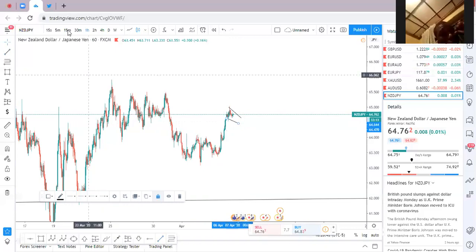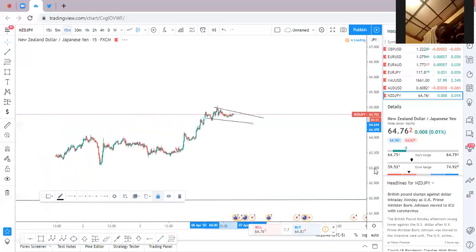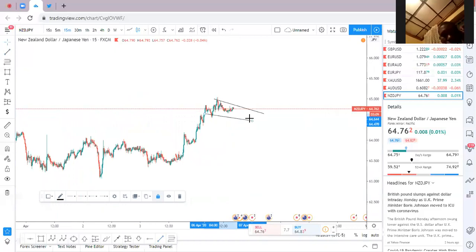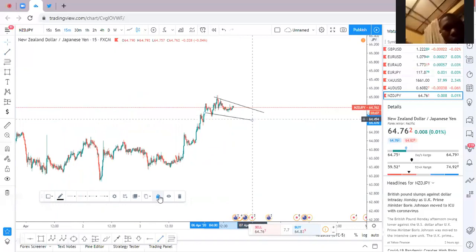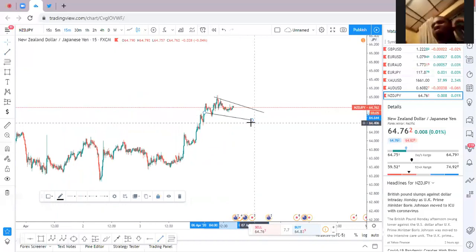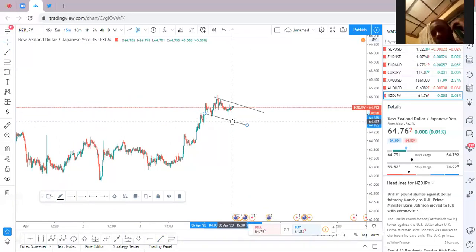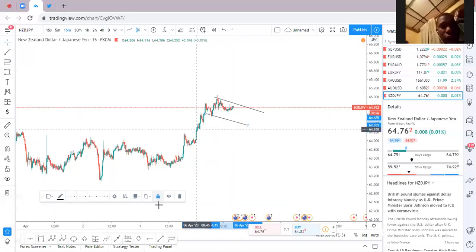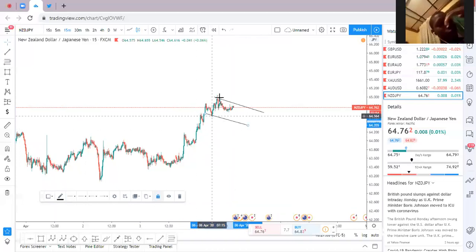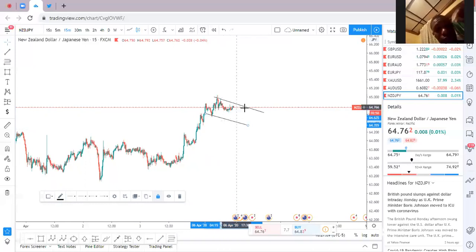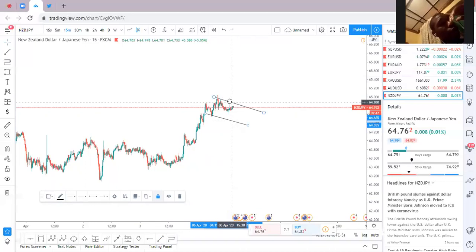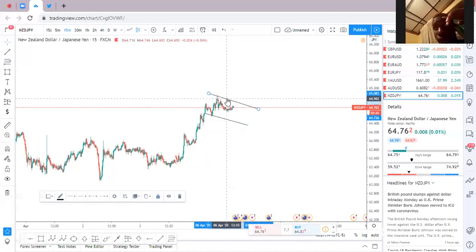You can see the flag on a 15-minute time frame. So it's already giving us a correction. We have one touch here. So we're going to get the second touch, then the third touch, then break out of the flag. Then we are good to go for our buy.